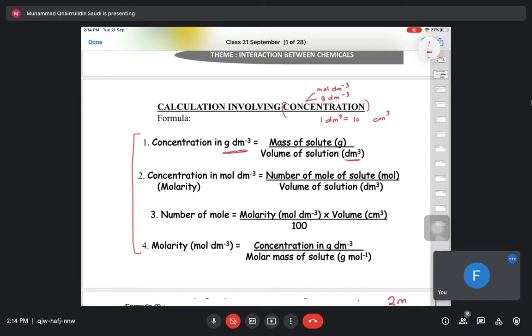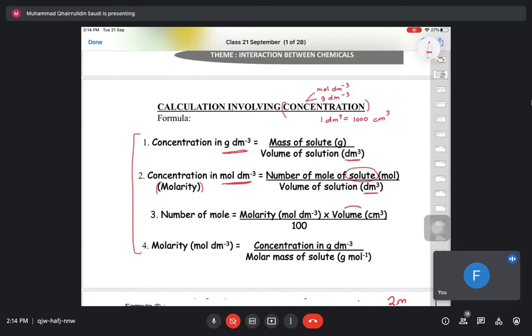Good, 1000 centimeter cube. Next is concentration in mole per dm cube, known as molarity. To calculate the molarity, we take the number of mole of the solute and divide it by the volume of solution, also in decimeter cube.